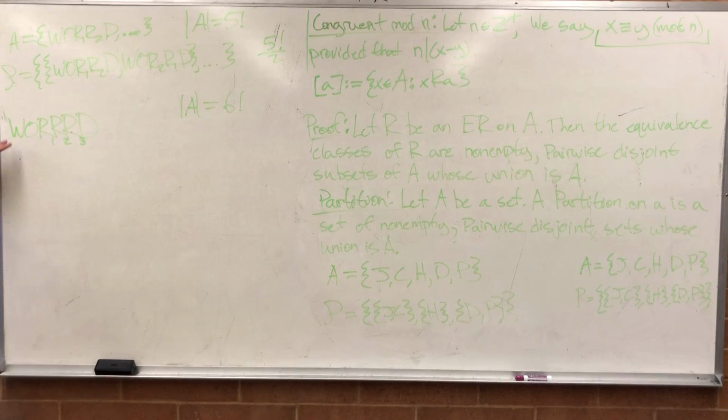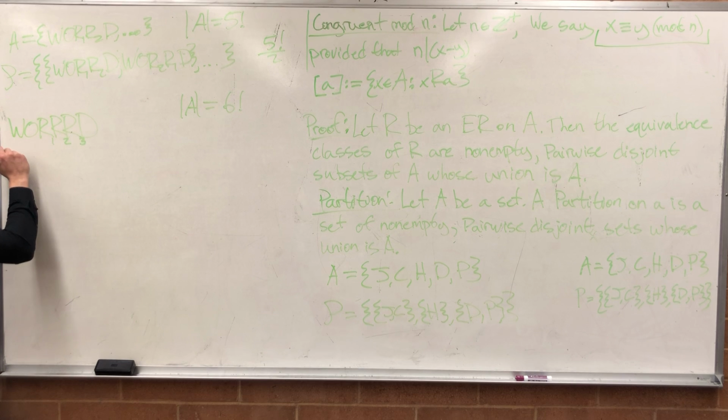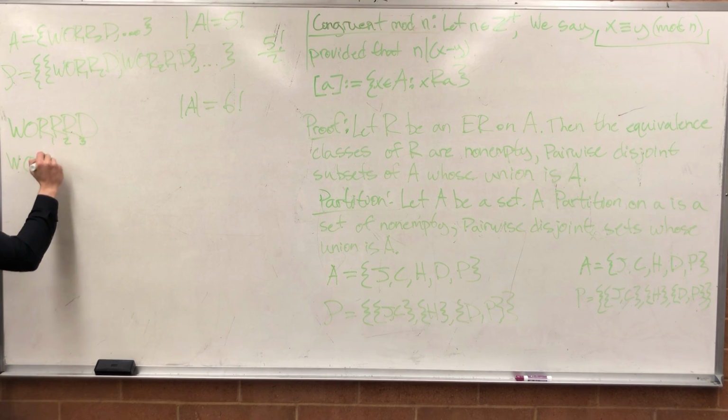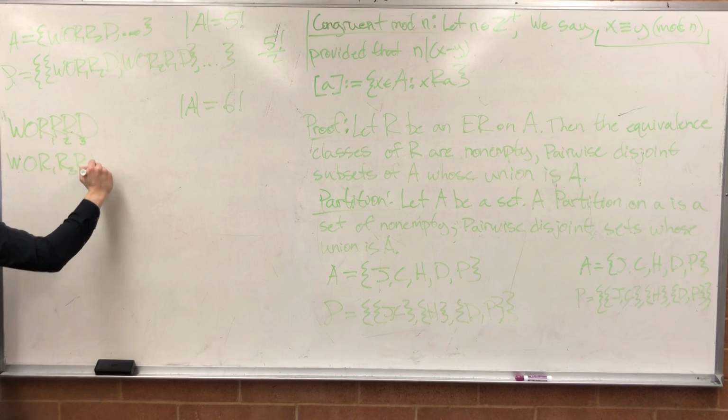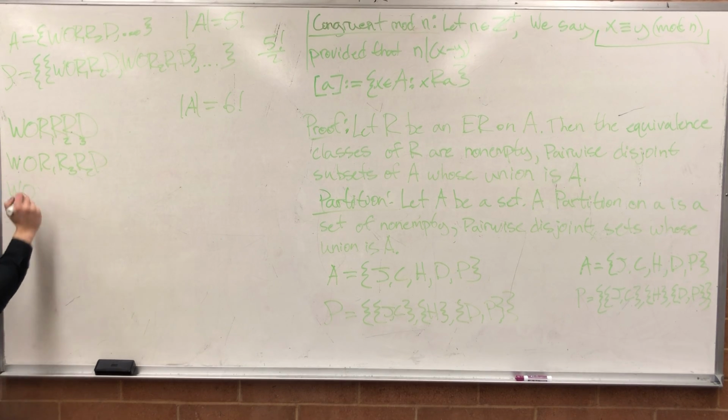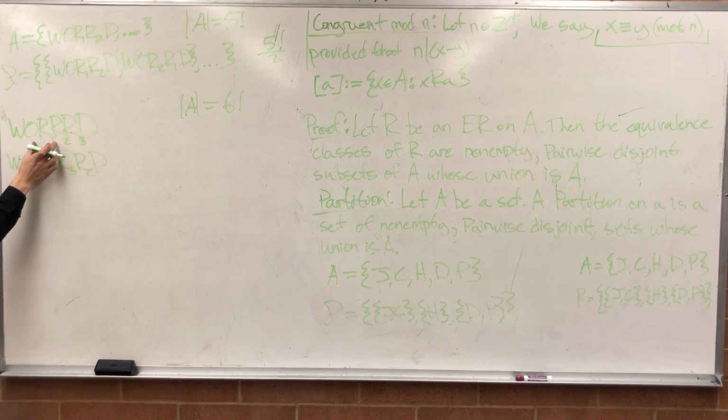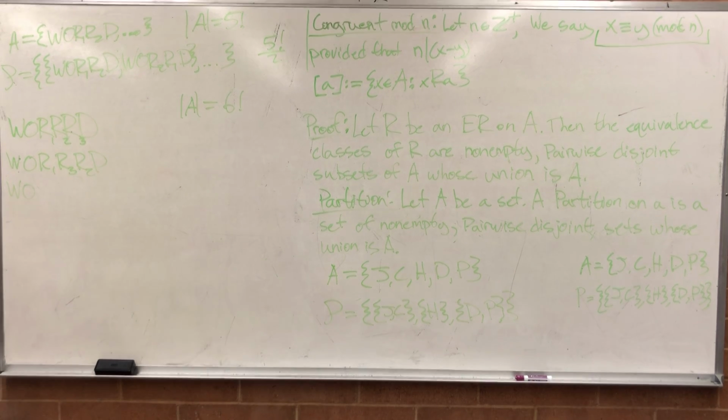But now, how many arrangements really give me this same exact word? It's 3 factorial, which is 6. Because I could have R1, R3, R2, then D, W, O. So these are the ones that have R1 first, then the ones that have R2 first and the ones that have R3 first.